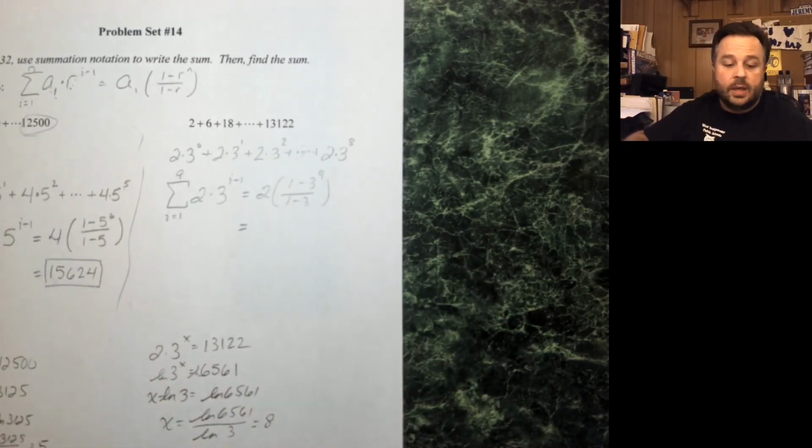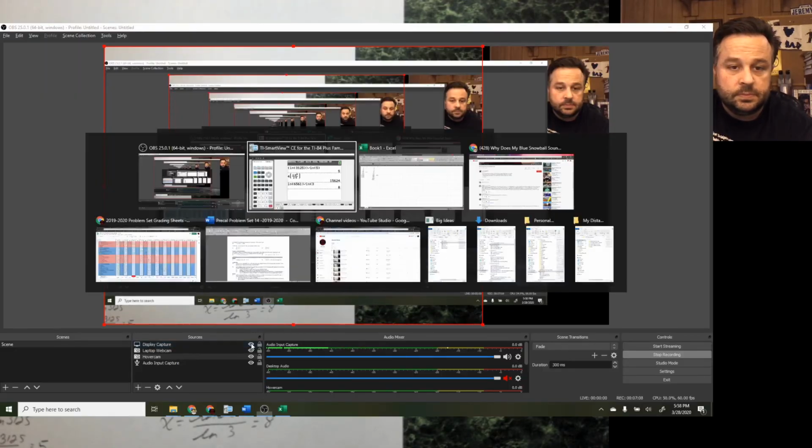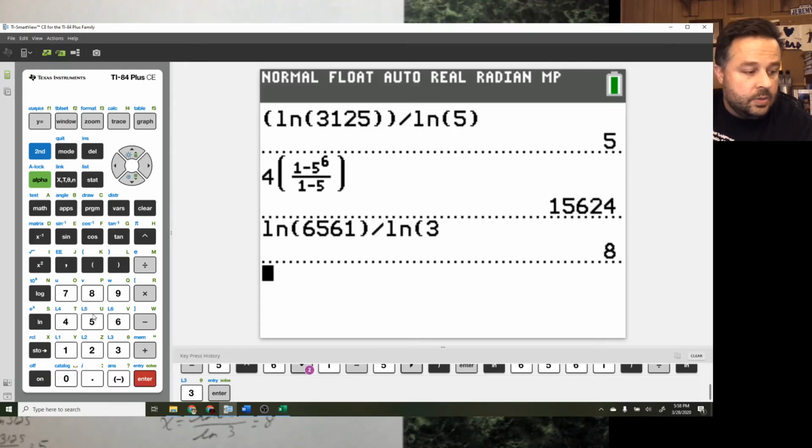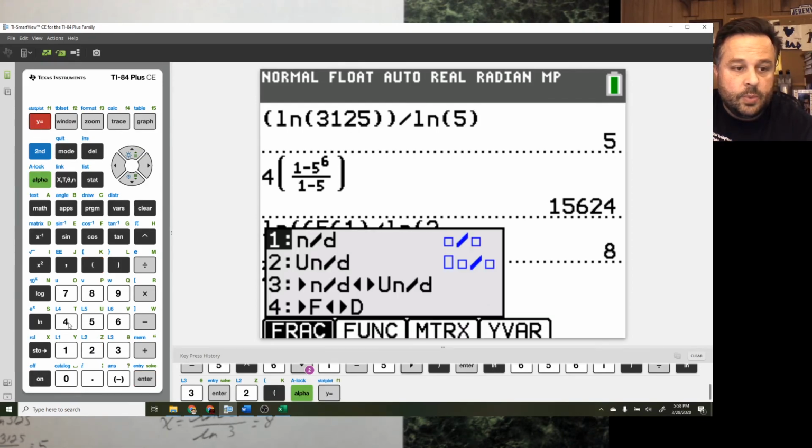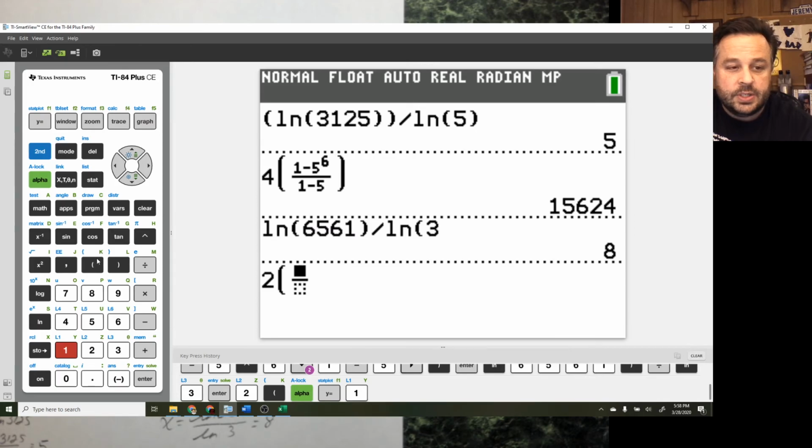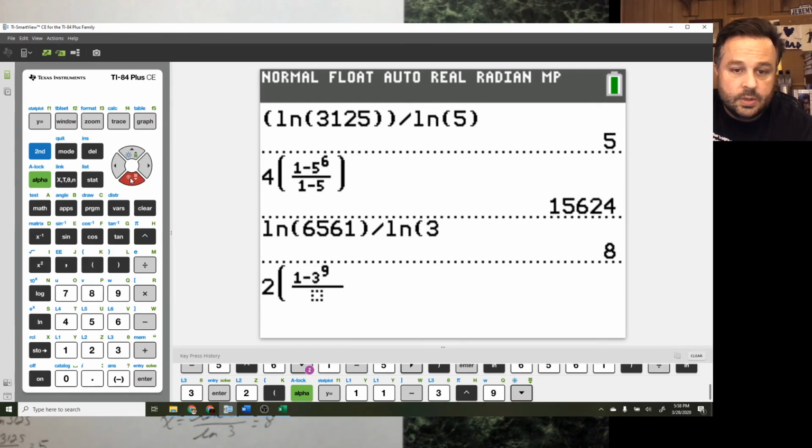We can go to our calculator. I've got 2 times the fraction: 1 minus 3 to the 9th power over 1 minus 3.